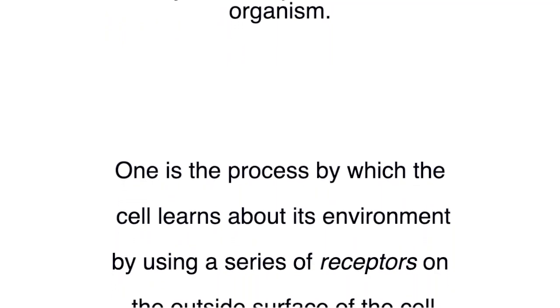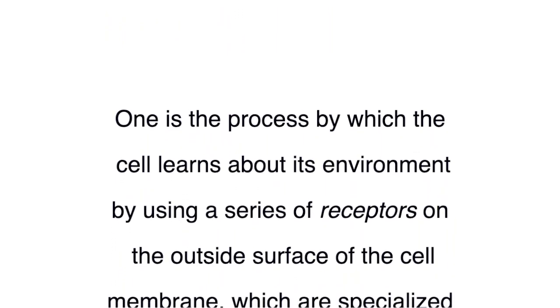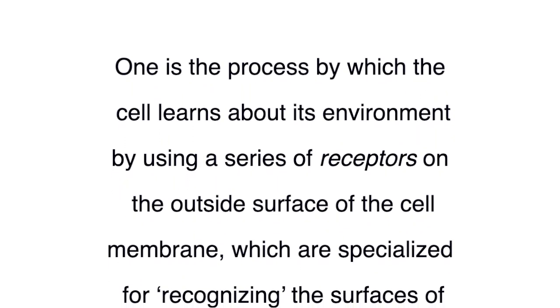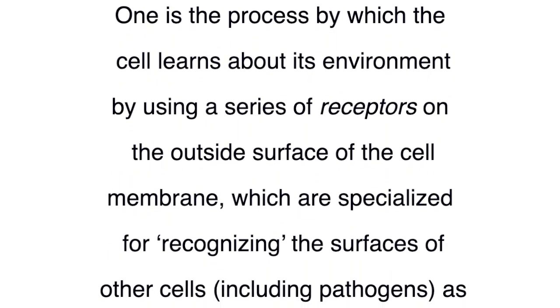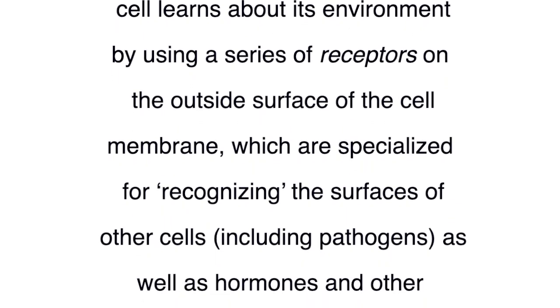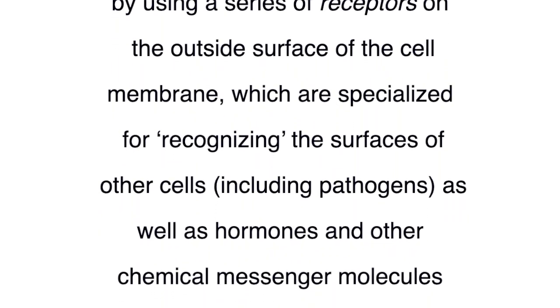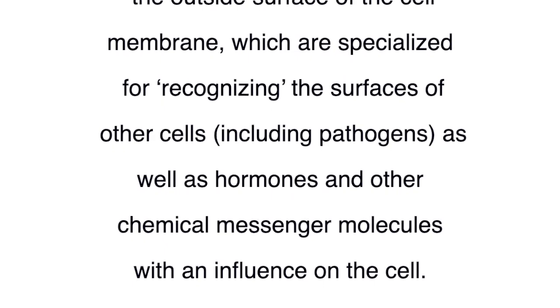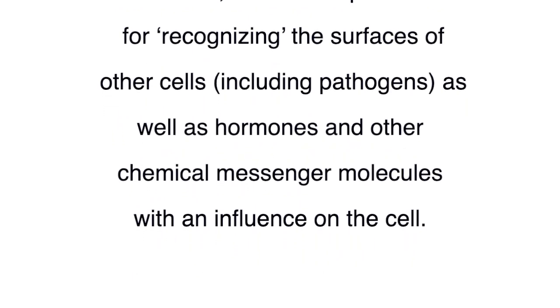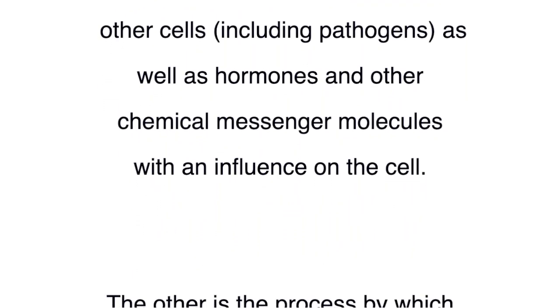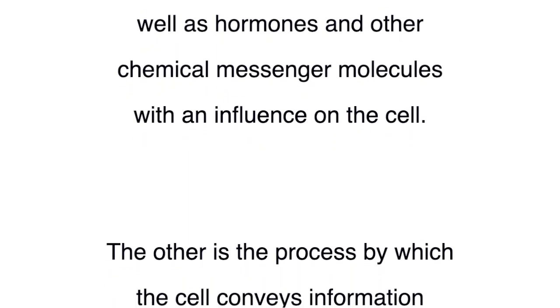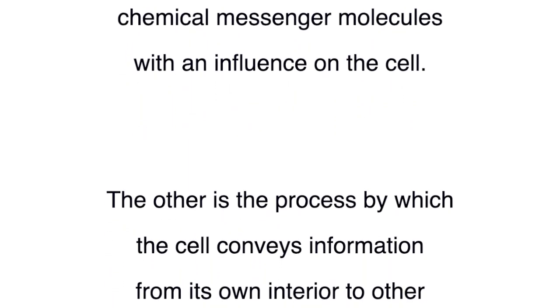One is the process by which the cell learns about its environment by using a series of receptors on the outside surface of the cell membrane, which are specialized for recognizing the surfaces of other cells, including pathogens, as well as hormones and other chemical messenger molecules with an influence on the cell.